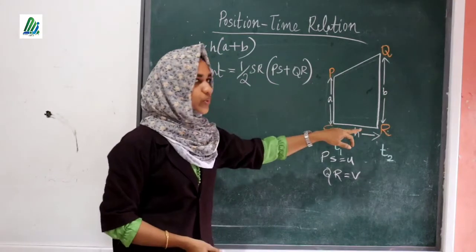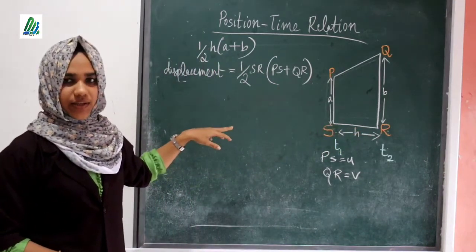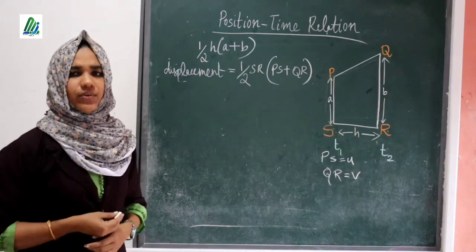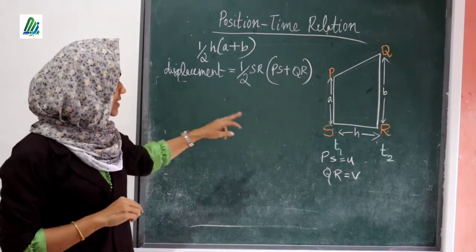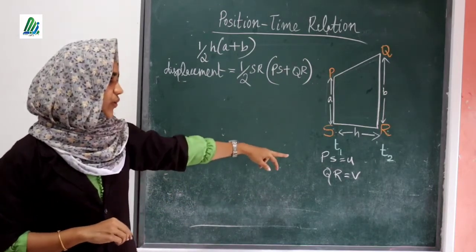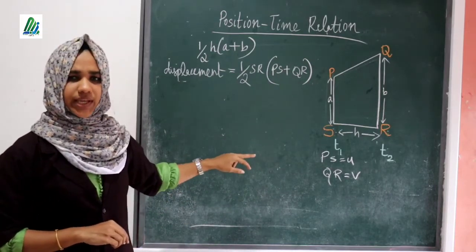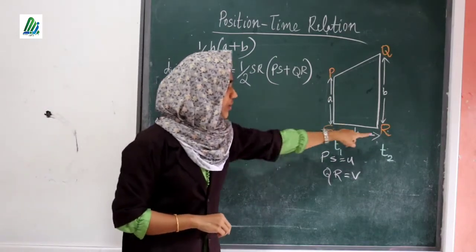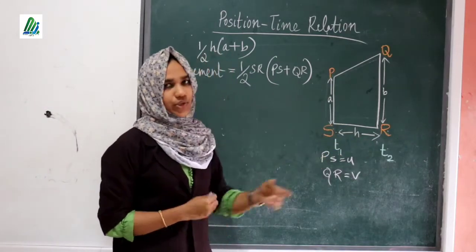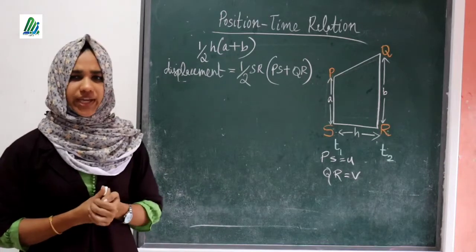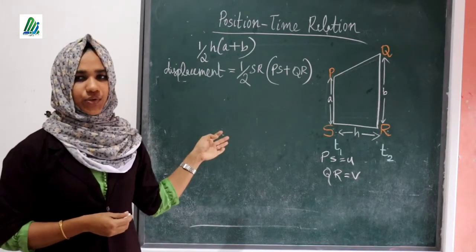H is lying between SR. So we substitute PS equal to u, QR equal to v, and SR equal to t. I take T1 and T2 as t. So we can apply these values to the equation.